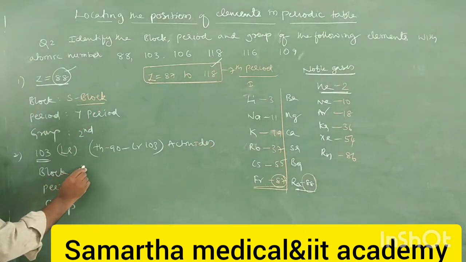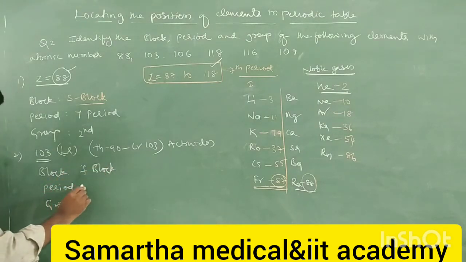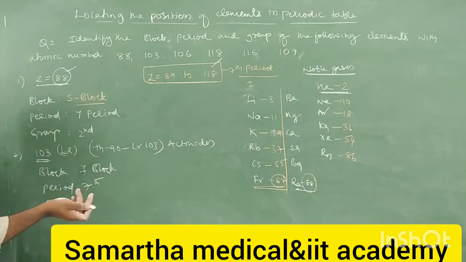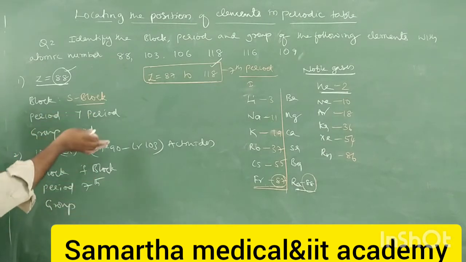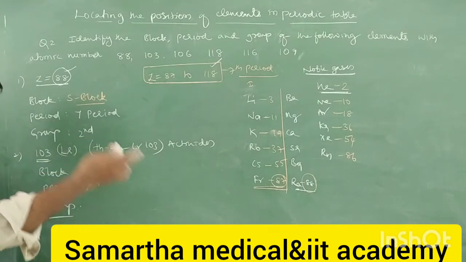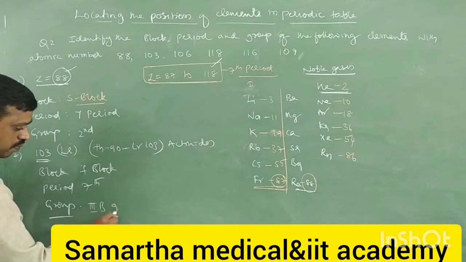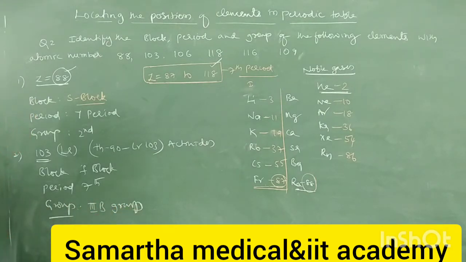All actinides are F block, and all actinides belong to the 7th period. Lanthanides are 6th period, actinides are 7th. Next, group: lanthanides and actinides belong to which group? 3rd group. So the 3rd group, nothing but can we even write 3B group? Yes or no? 3rd group or 3B group.